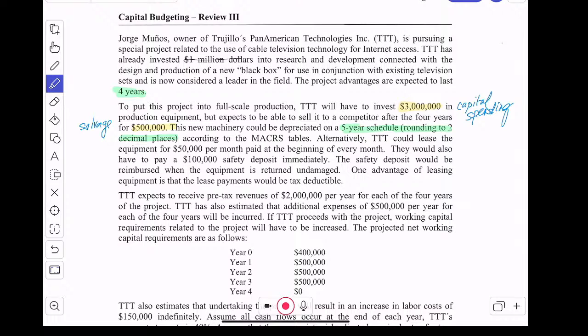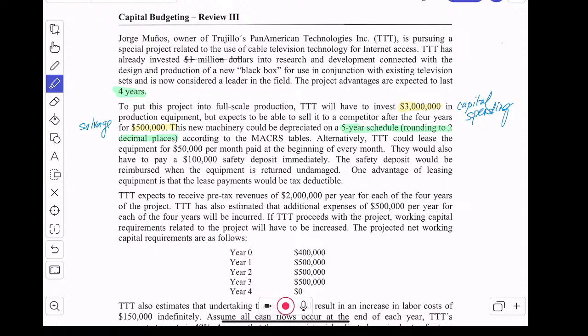I didn't use 5 years, I used 7 years. Okay, so 5-year schedule. Let's go to makers and look at the 5-year schedule. I had a feeling something was up. Oh, no, I opened the wrong document. Hold on. 4.7. 2 decimal places. Yeah, okay.